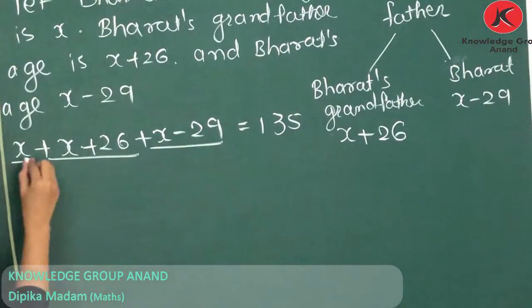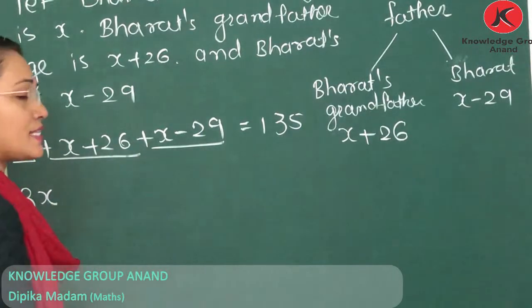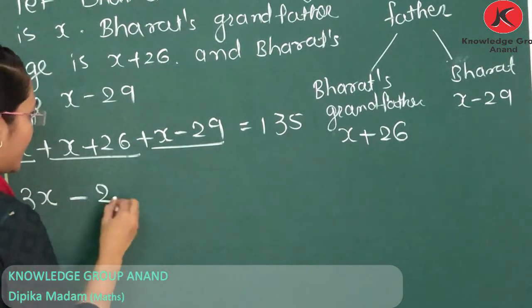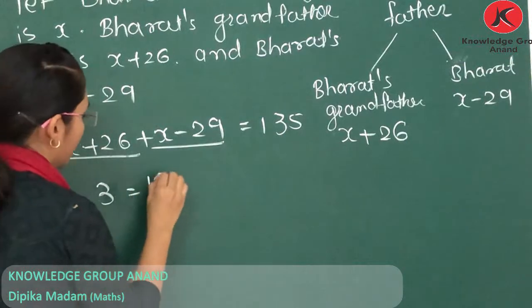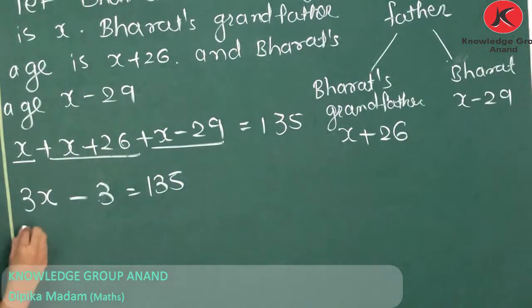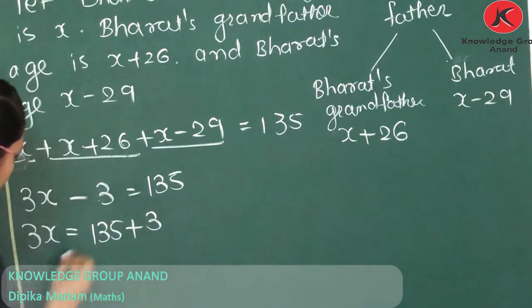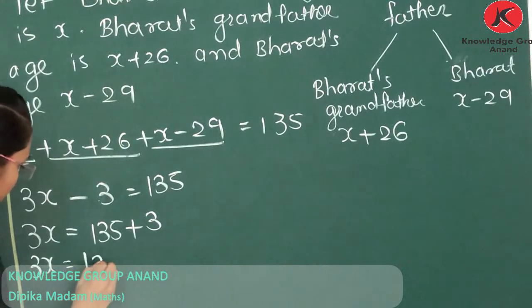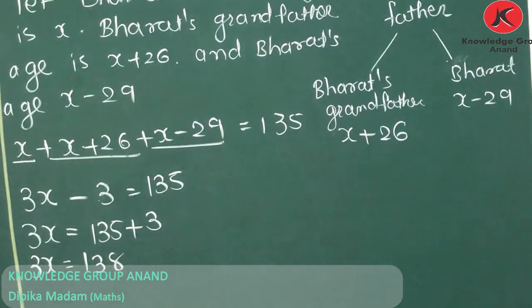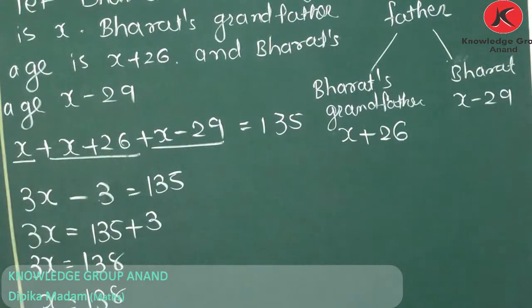Now we have the equation x plus x plus x, 3x, plus 26 minus 29 is minus 3, equals 135. Now 3 is in subtraction, so it goes to the other side as addition. Now 3 is in multiplication, so with that we get division. If you divide, 46 years.